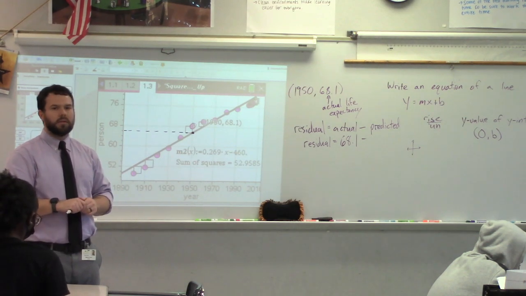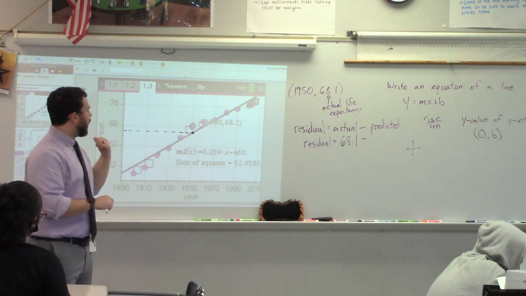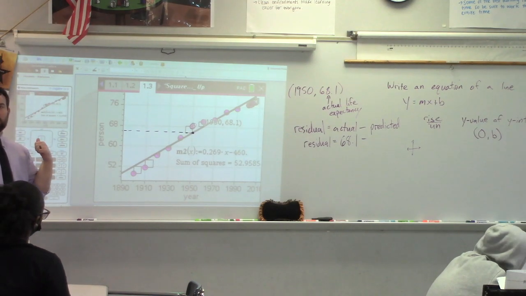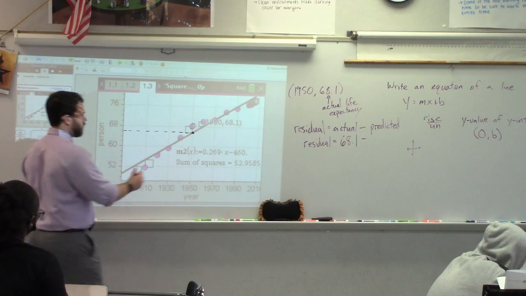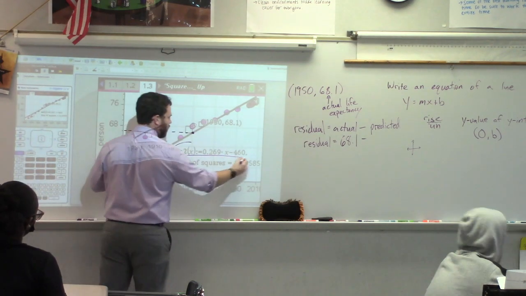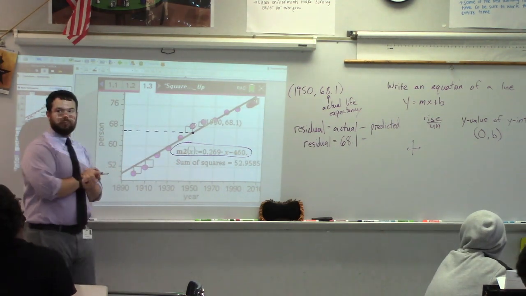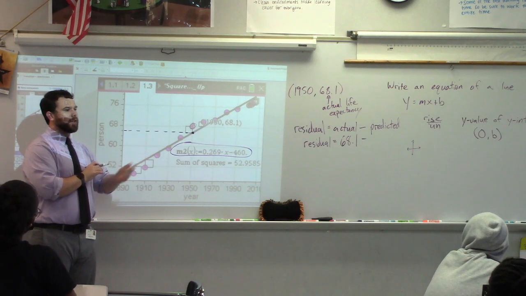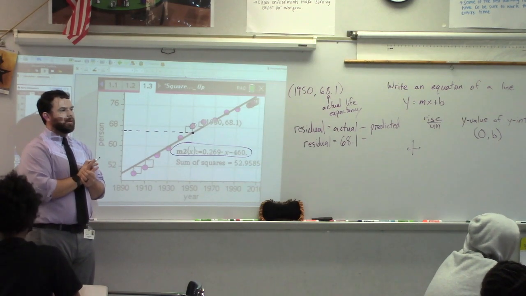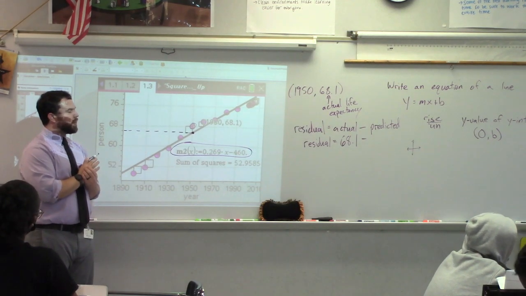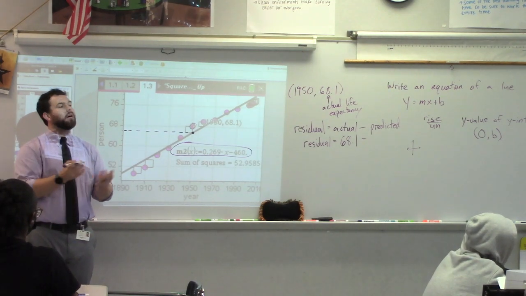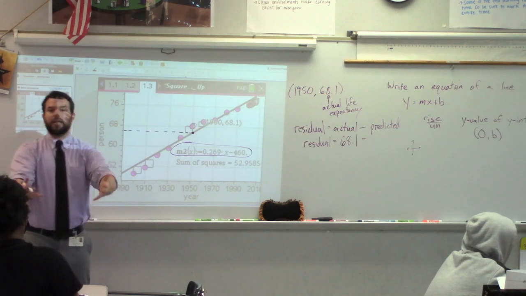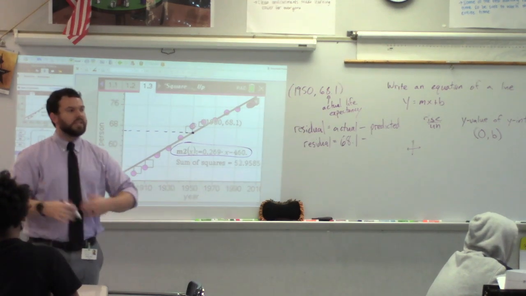What equation can I substitute into? The 3.69 times x. What could I substitute in for x, the year? 1950. Let's substitute 1950 into that equation.